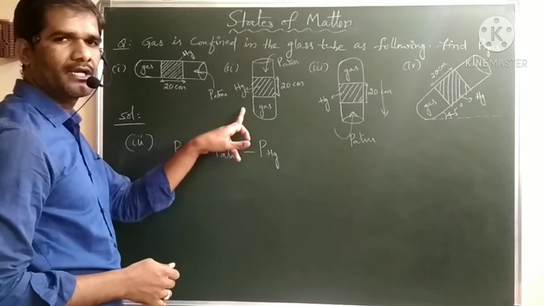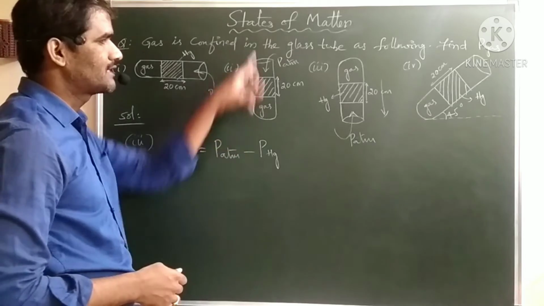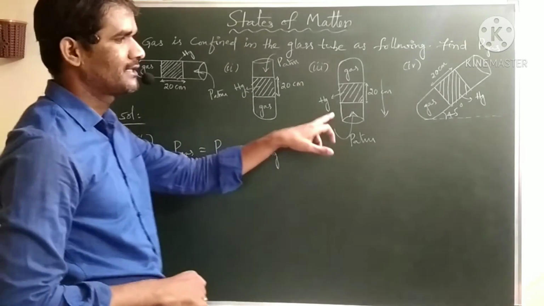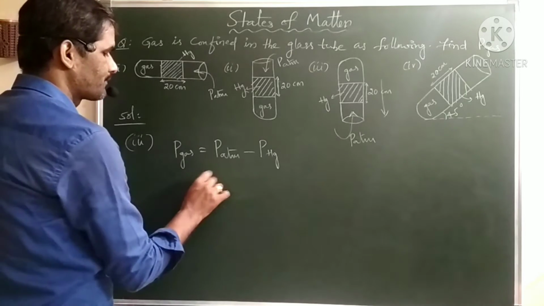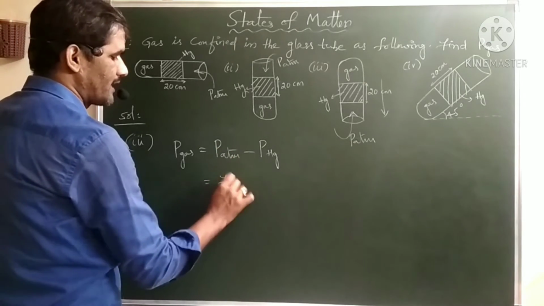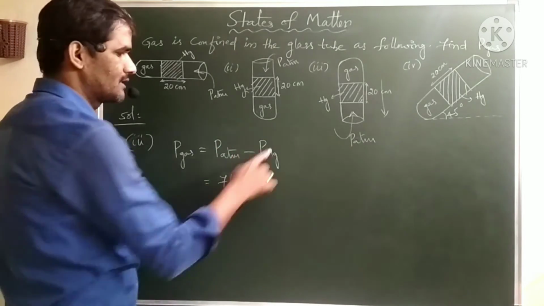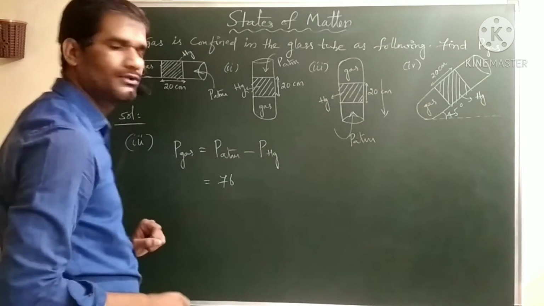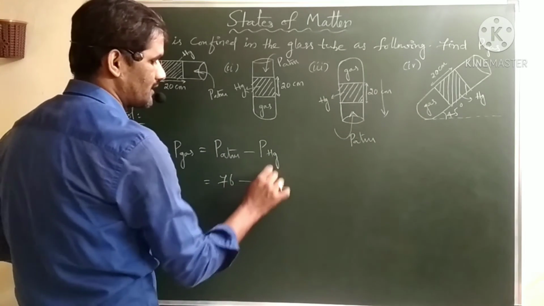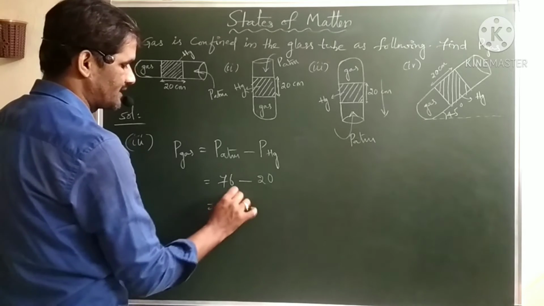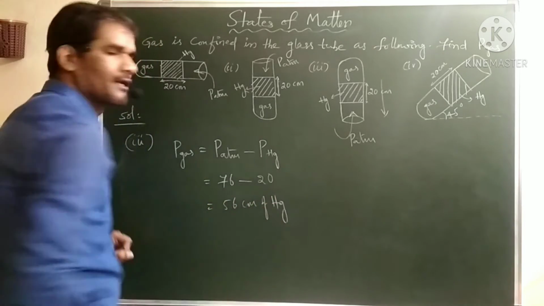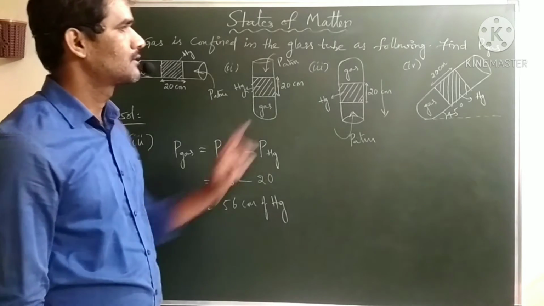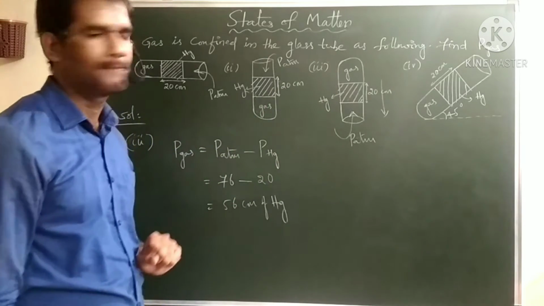In case 2 we added, because it was vertically placed, but here it is inverted, so we subtract. Atmospheric pressure is 76 centimeters and the pressure of mercury is 20. Overall it is 56 centimeters of Hg, the pressure in glass tube 3.